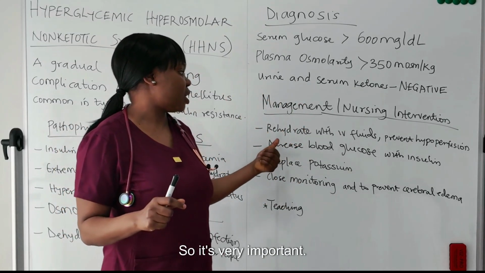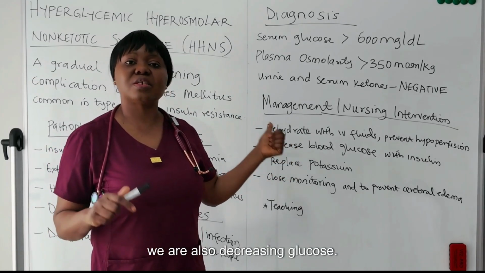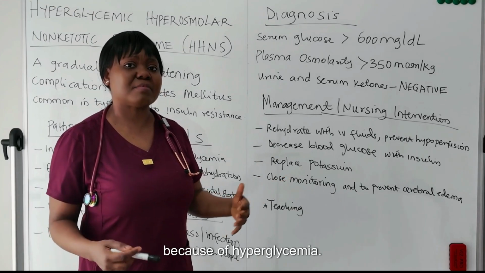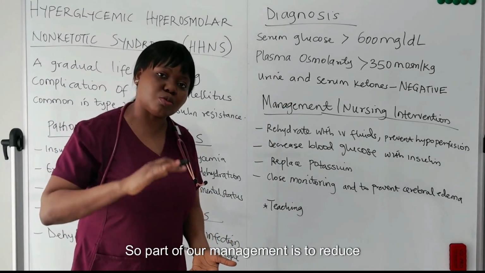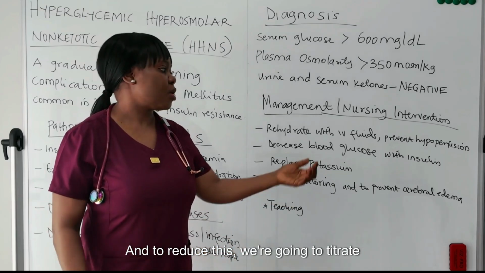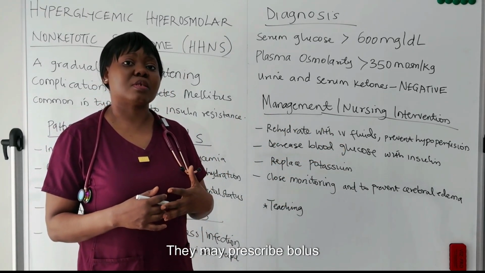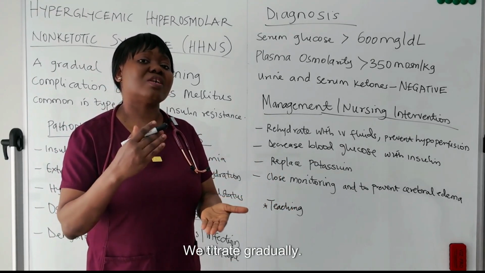So it's very important. While we are rehydrating with fluids, we are also decreasing glucose because of hyperglycemia. Remember, there's extreme hyperglycemia, so part of our management is to reduce glucose. To reduce this, we're going to titrate the patient with insulin. They may prescribe a bolus, and then we give it, and then we titrate gradually.